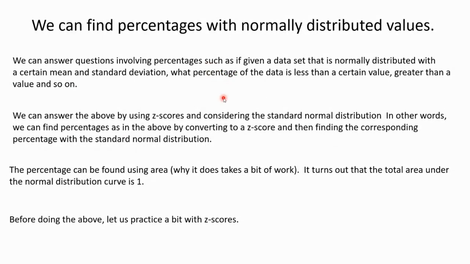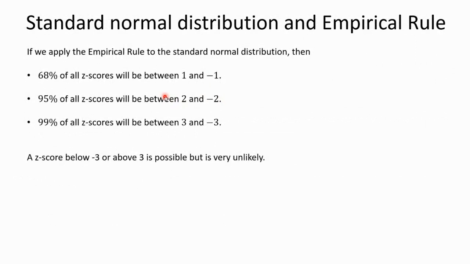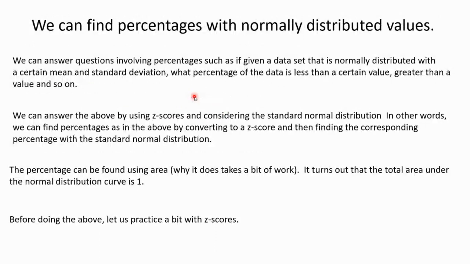If you have a normal distribution, you can determine what percentage of the data is less than a certain data value, greater than it, or between two of them. Like over here, we're able to say 68% of all data values, or z-scores, are between 2 numbers. We can generalize that using z-scores, not just to 68%, but to more than that.